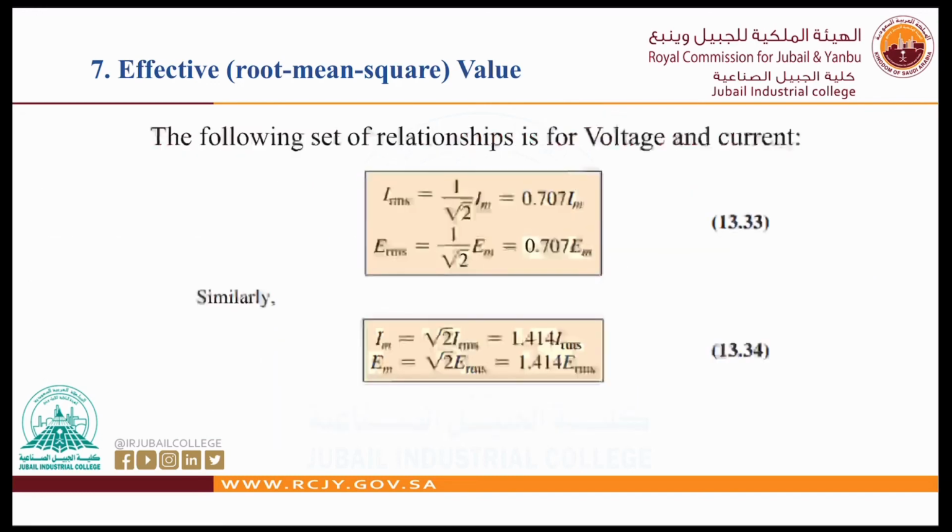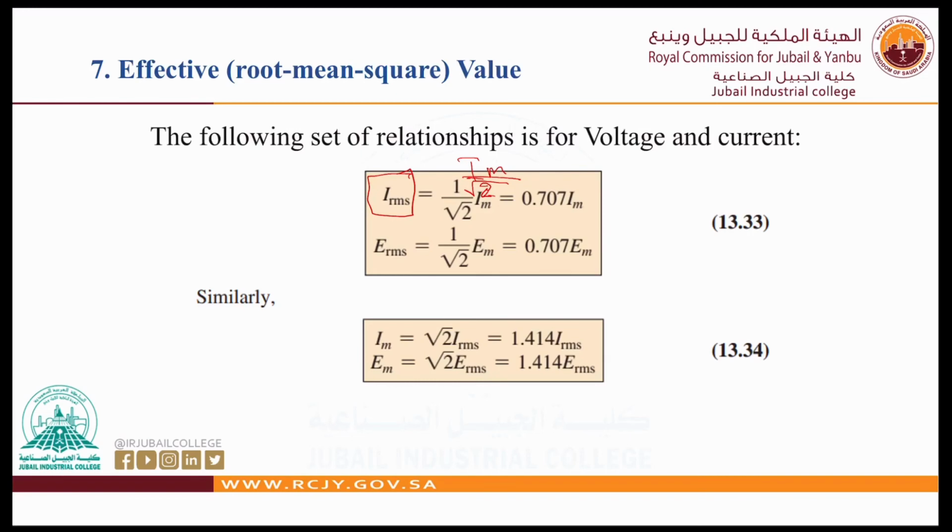The following set of relationships is for the voltage and the current. If I need to have the RMS, I should just do IM, as I told you, the maximum over root 2.